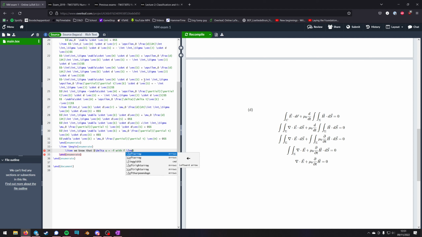greater or smaller than 0 for, or I'm just going to say on omega because I'm too lazy to give them variables. Thus, I'm just going to call this f2.